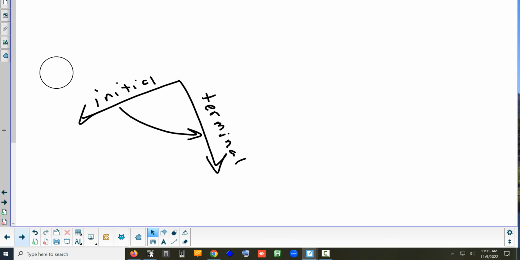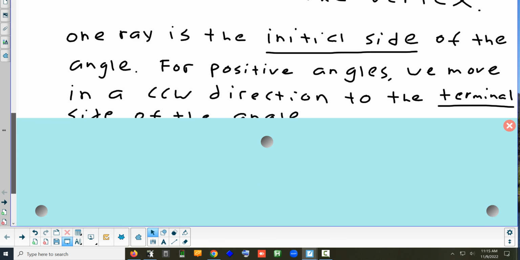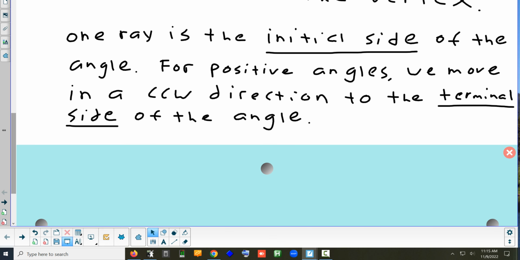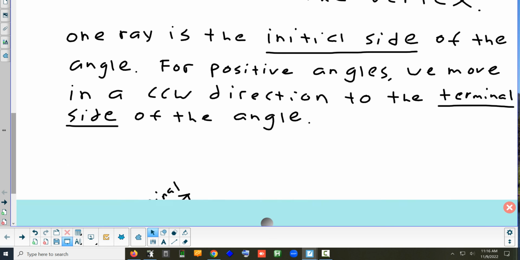The side you start at is the initial, and the side you end at is the terminal. So you move in a CCW, counterclockwise, direction to reach the terminal side.